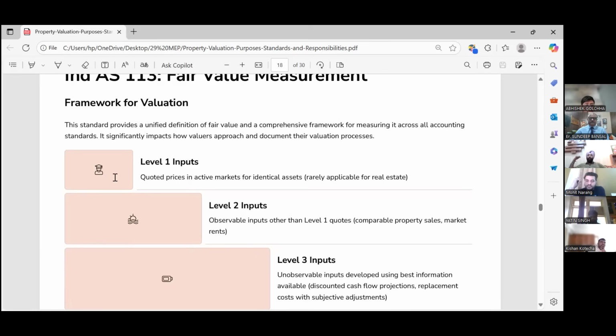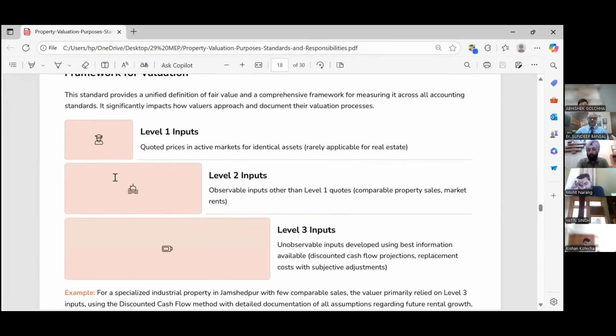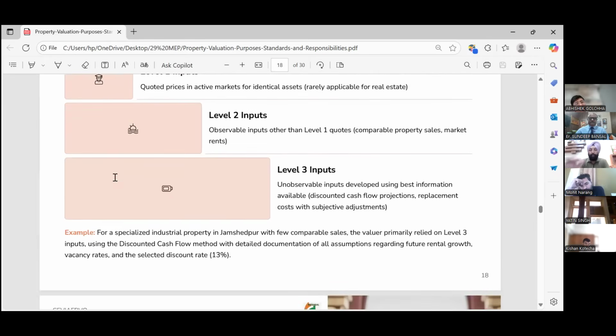Level 1 are the quoted prices in active markets for identical assets. These are rarely applicable for real estate assets, but in real estate, level 2 is more important. It means the observable inputs other than level 1 quotes, that is comparable property sales, market rent, etc.